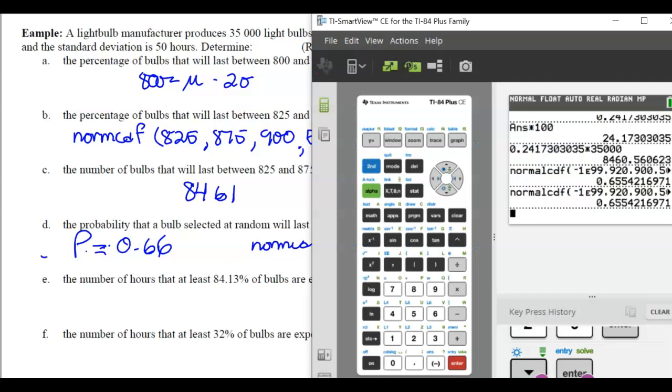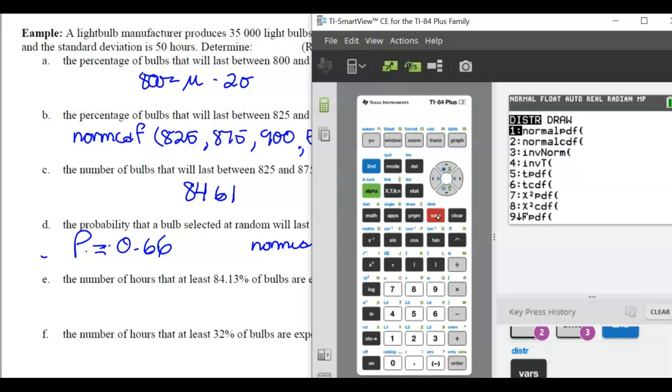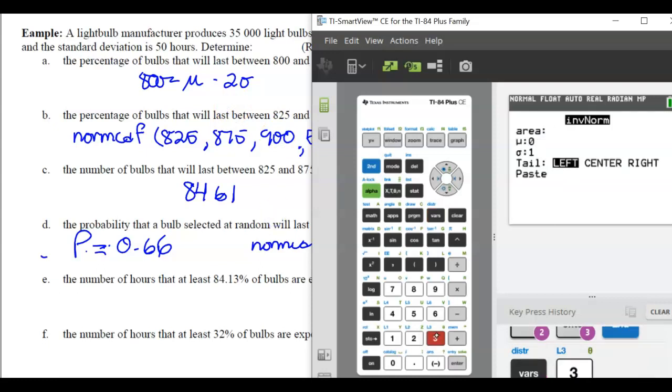So that's going to be second distribution, inverse norm. The area 0.8413. Mean is 900. Standard deviation is 50. And we're going from the left. So it's going to be the same whether you have an older calculator or a newer one.